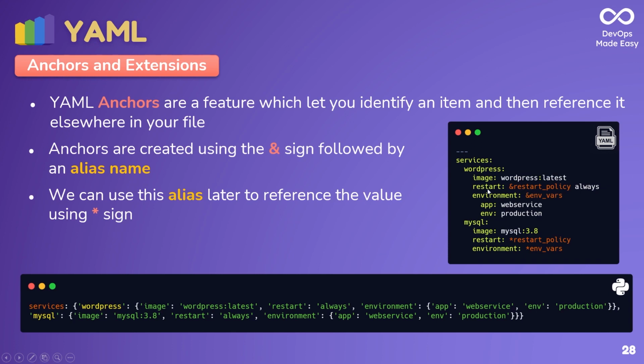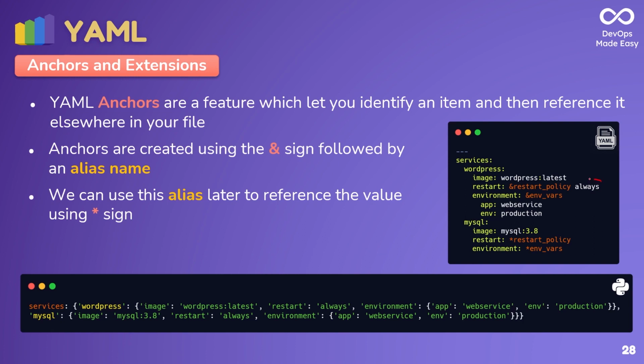See here, restart colon always. If I remove this restart policy value, it is simply restart colon always. I want to use this key value, restart as a key and always as a value, in multiple places. So for this restart colon, I give it a name, restart policy, and anchor it with an ampersand. Then I'll use this restart colon always key value somewhere else by just giving star and then the name.